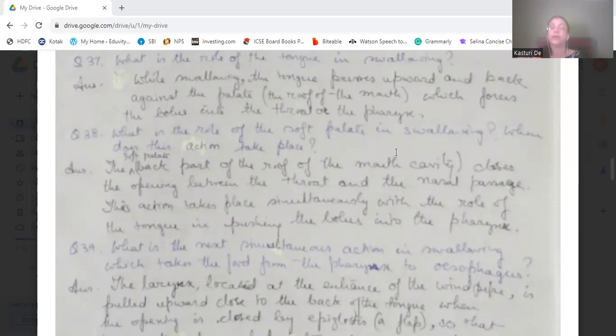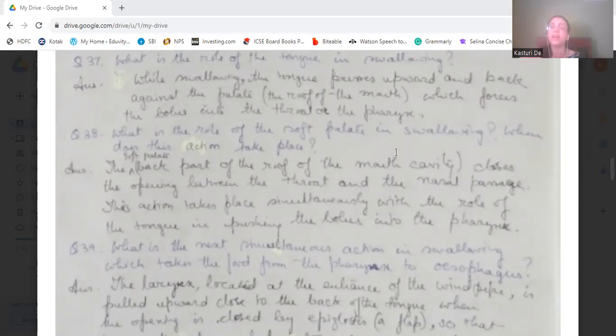When we are swallowing the bolus, the tongue presses upward and backward, and the bolus moves towards the pharynx. Now the soft palate closes the opening between the pharynx and the nasal passage.